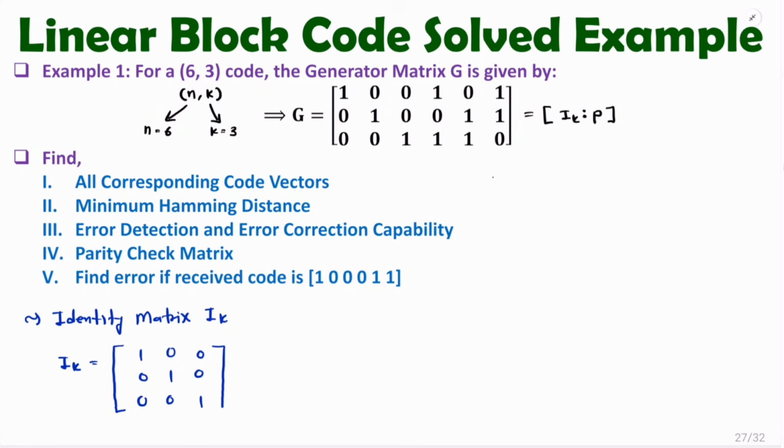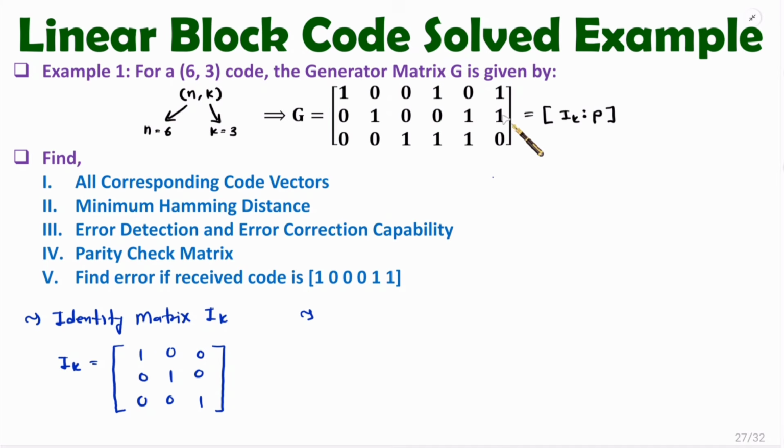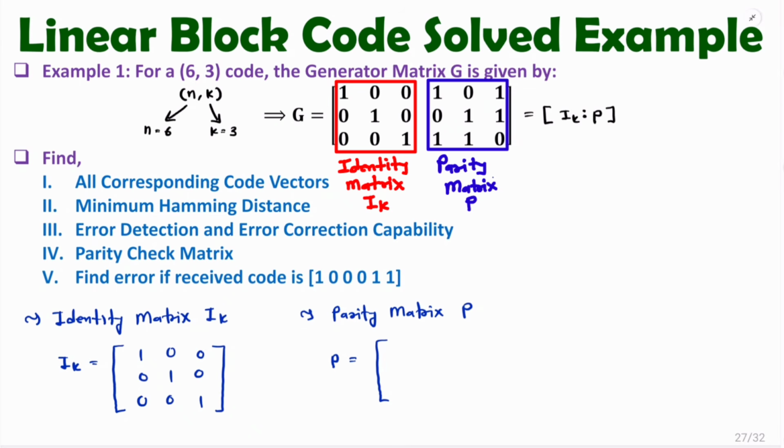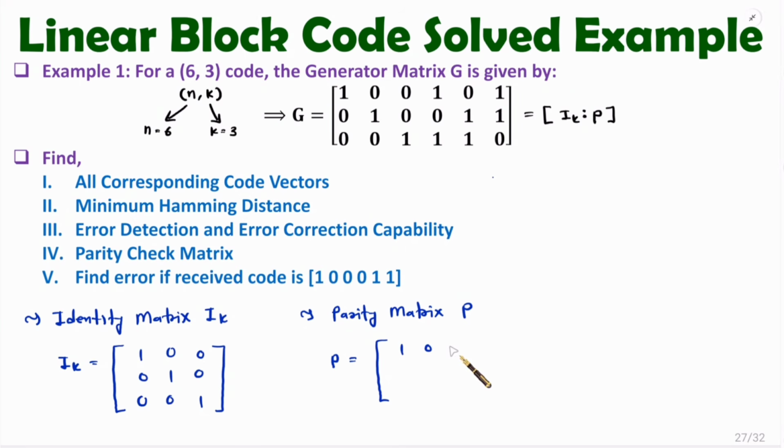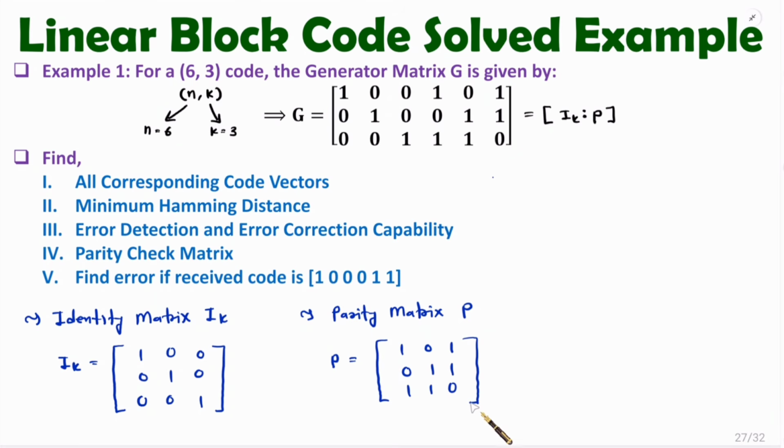So this is the identity matrix based on the generator matrix, and here in this generator matrix we have the parity matrix. This parity matrix is given by 1 0 1, then 0 1 1, then 1 1 0. That is given in the question, right?